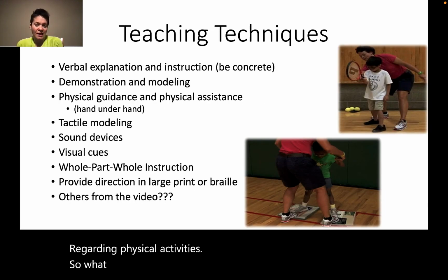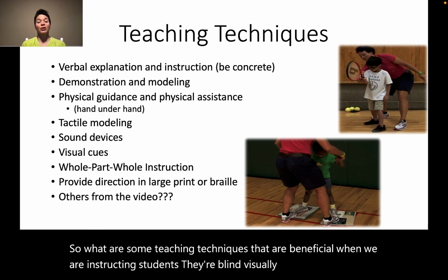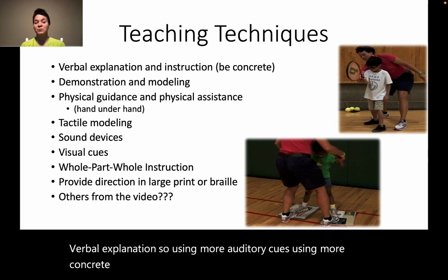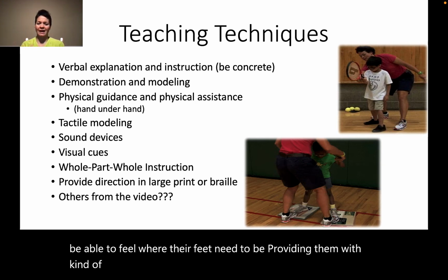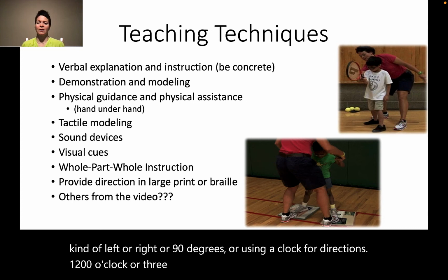So what are some teaching techniques that are beneficial when instructing students who are blind or visually impaired? For sure, verbal explanation: using more auditory cues, more concrete instruction, and raised polyspots so they can feel where their feet need to be. Provide left or right, 90 degrees, or use a clock for directions, 12 o'clock or 3 o'clock, compared to saying over there.